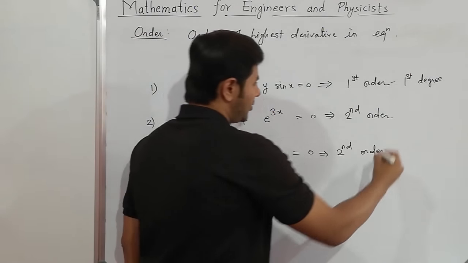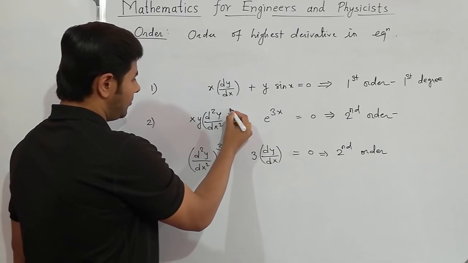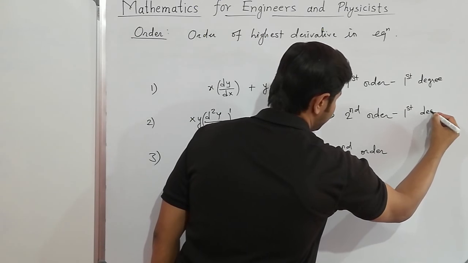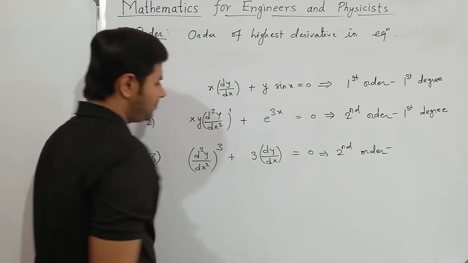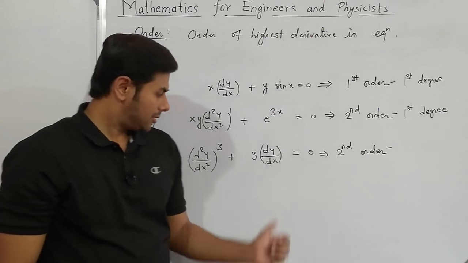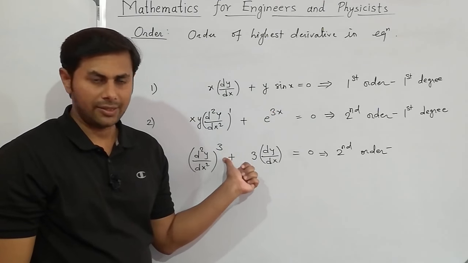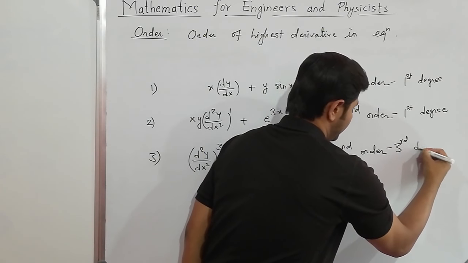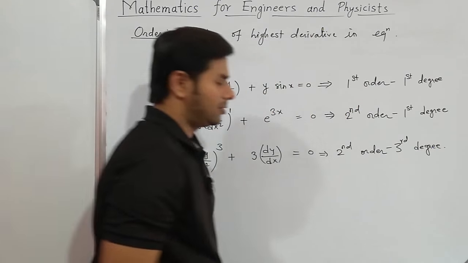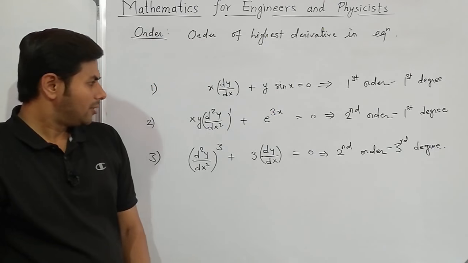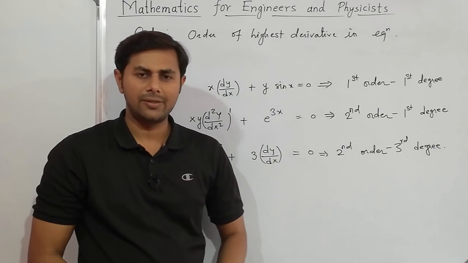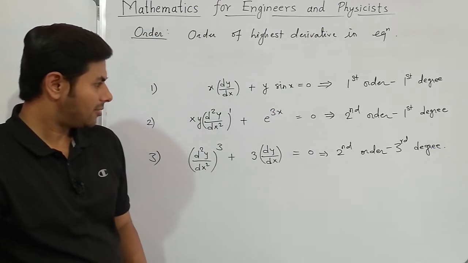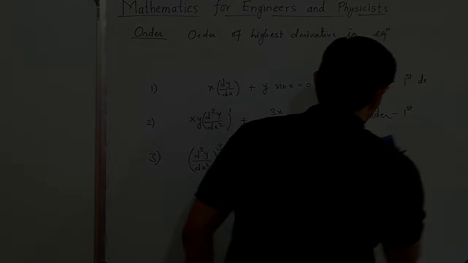This one is second order and the power of the highest derivative is 1, so it is a second order first degree differential equation, and here the power of the highest derivative is 3. So this is a second order third degree differential equation. So this is what is meant by order and degree of a differential equation.